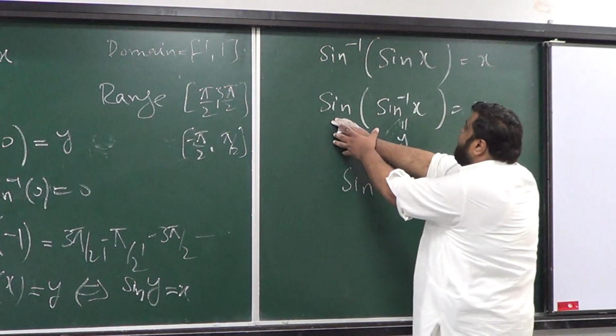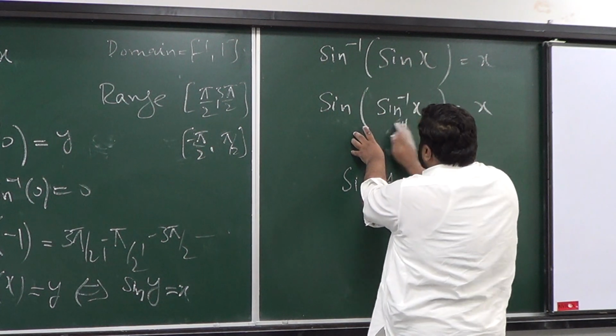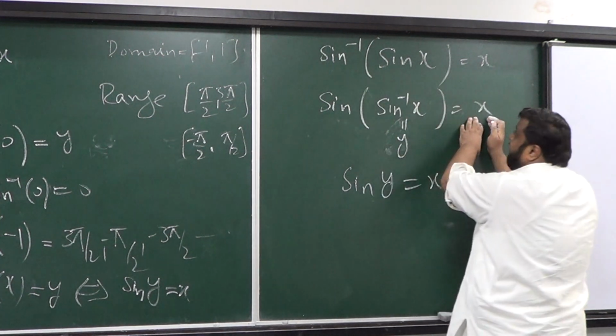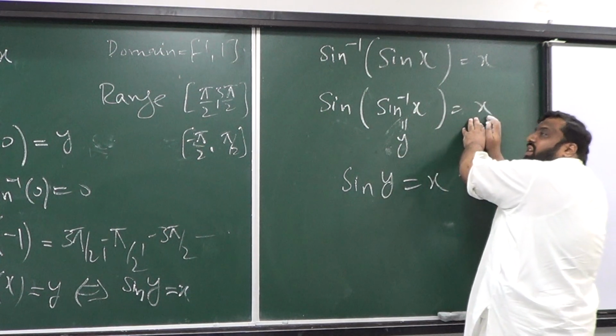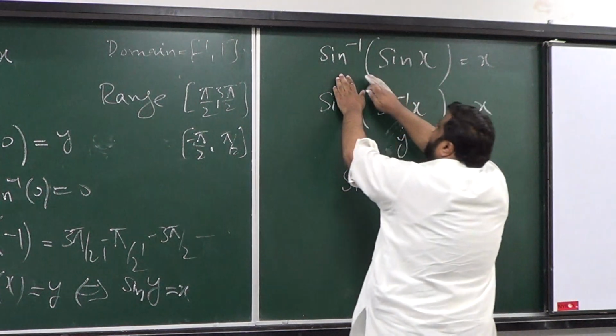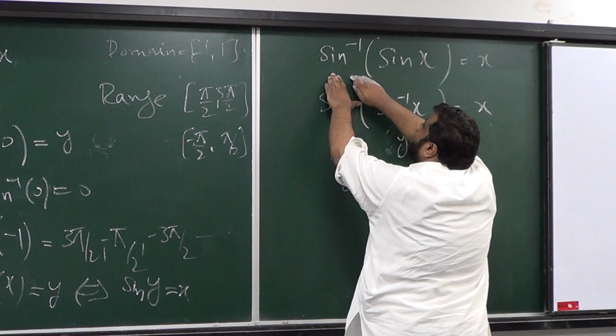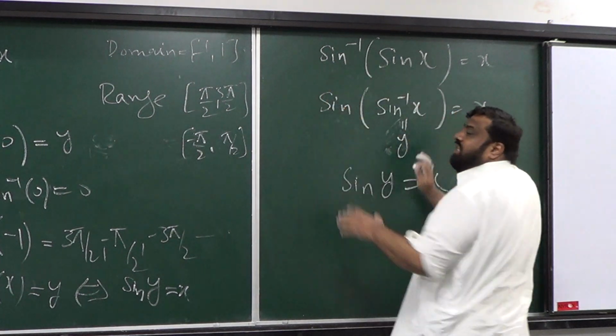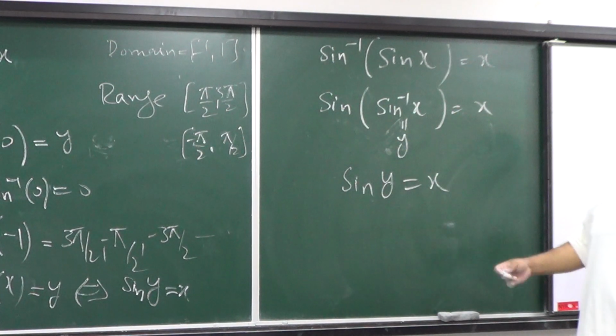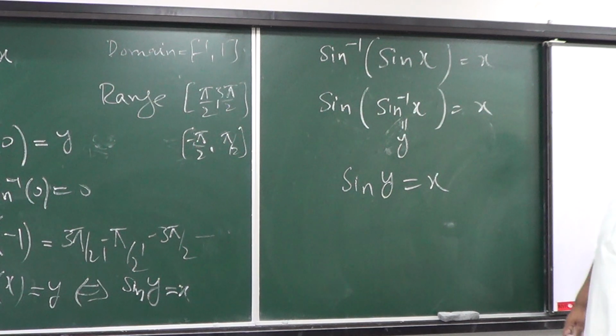So the sine of sine inverse of x is really giving you x. This really shows that the inverse sine function and the sine function are the inverses of each other.